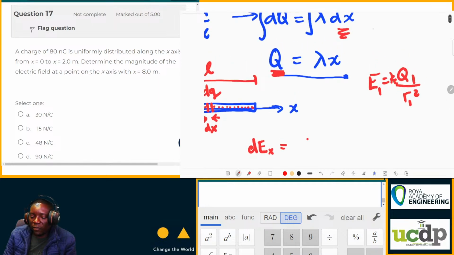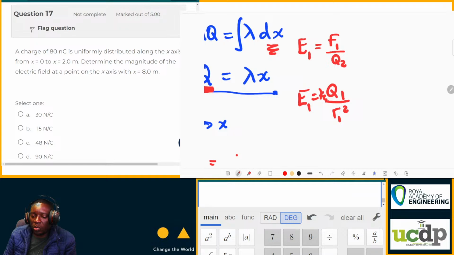Remember, where does this come from? E1 is force 1 per unit charge.